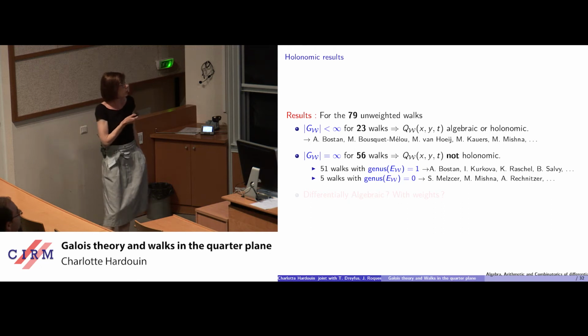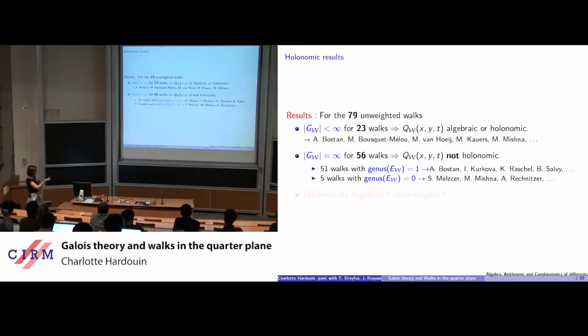For 51 walks the genus is 1, and that is the work of Bostan, Kurkova, Raschel, and Salvy. Kurkova and Raschel really put this in an analytic framework. And for the 5 remaining walks of genus 0, it was done also case by case.